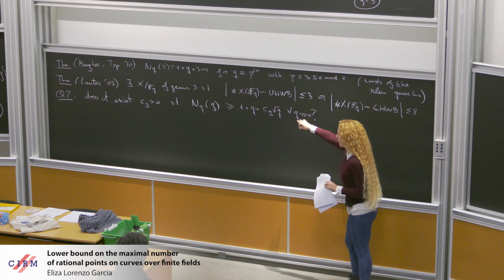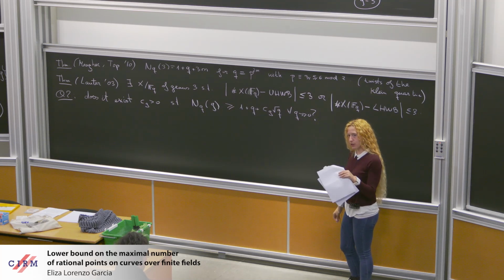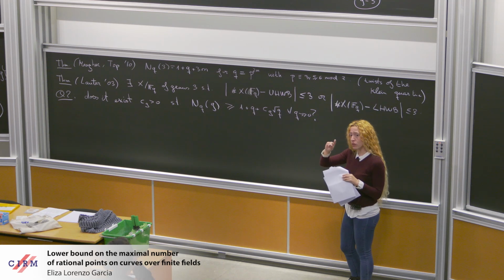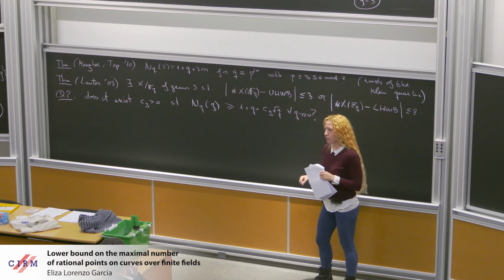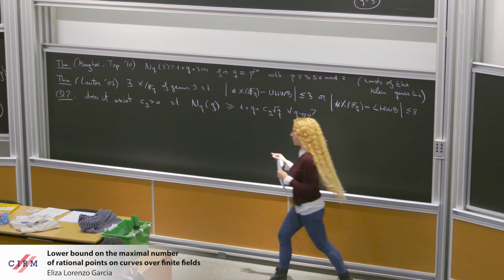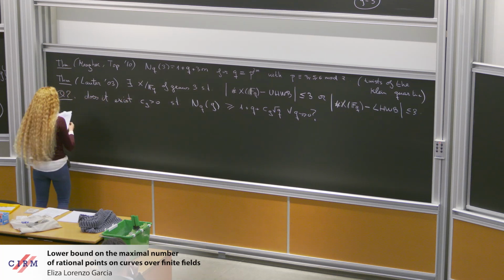The statement is that you are asking for a curve such that the number of points is not at a constant distance of the Hasse-Weil bound, but at a distance that is proportional to the square root of q. So it's a weaker version of question 1, if you want.